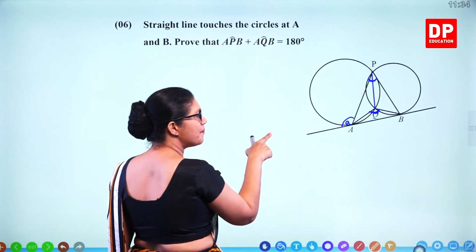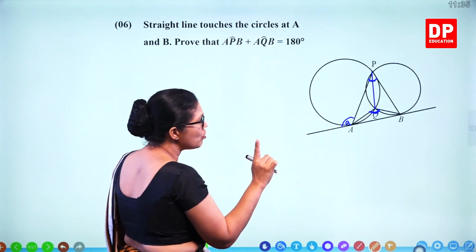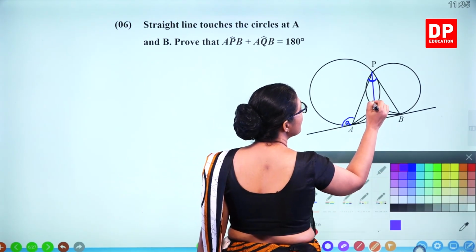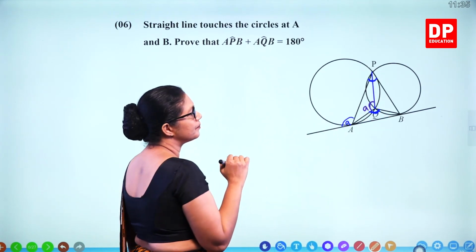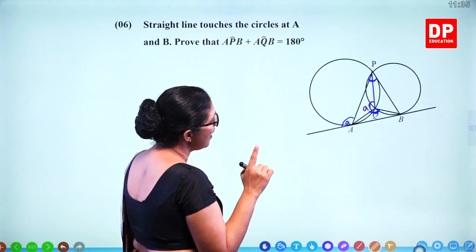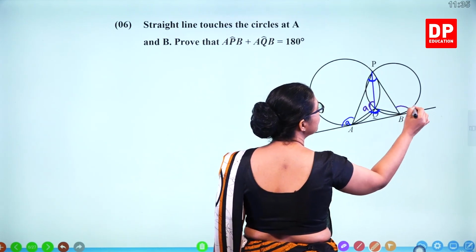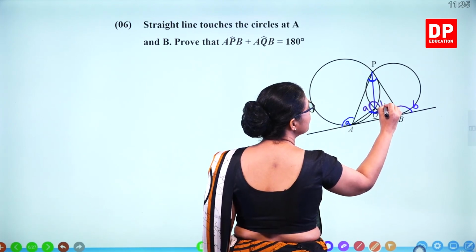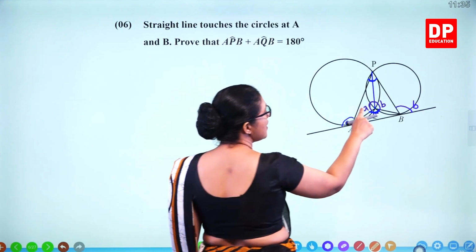Alternate segment theorem: the angle between the tangent and the chord is equal to the opposite interior angle. So I can write this angle as A. Then the same thing I can do for the other side. If this is B, then this becomes B. So this is A, this is B.